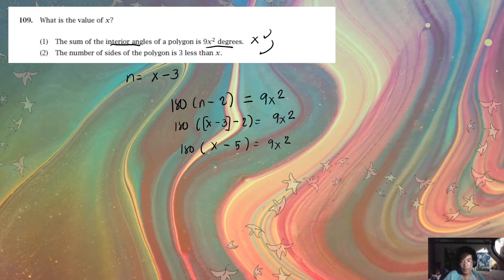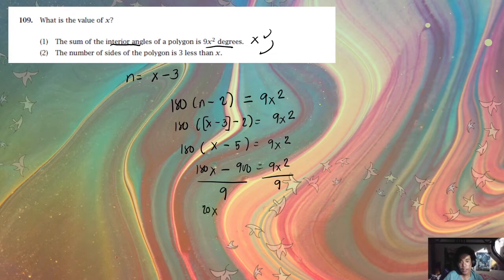Okay, and from this problem, we can say that 180x minus 180 times 5, so that should give us 900, is equal to 9x squared. We can divide both sides of the equation by 9, the left side and the right side. 180 divided by 9, so that should give us 20x.